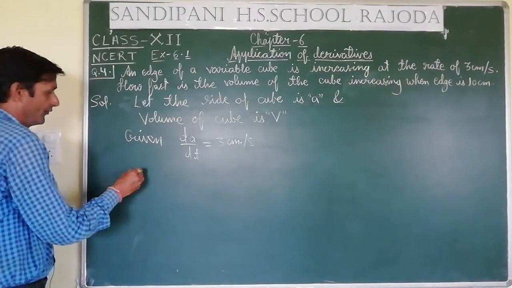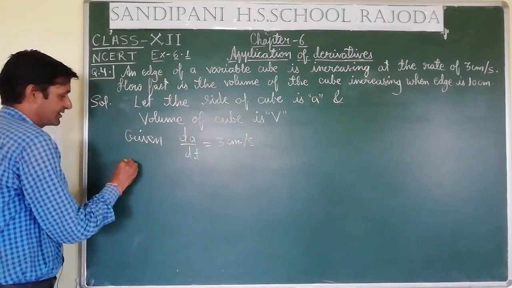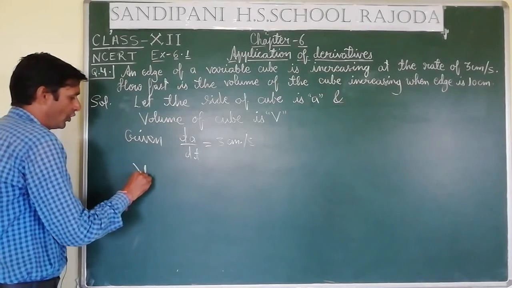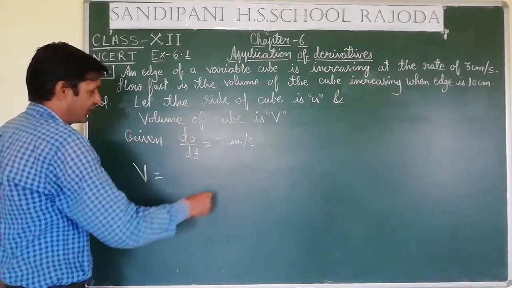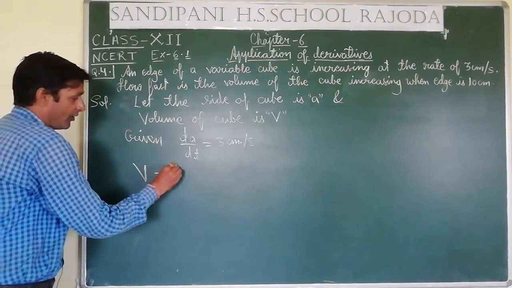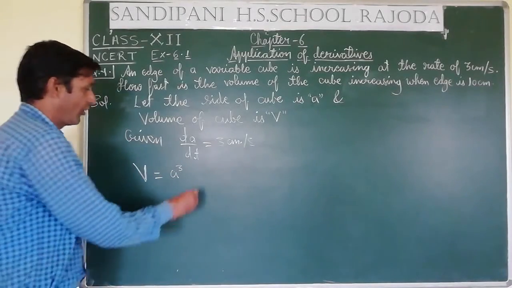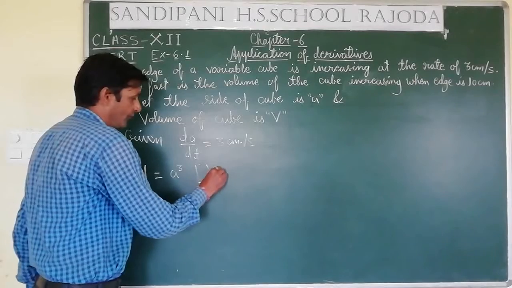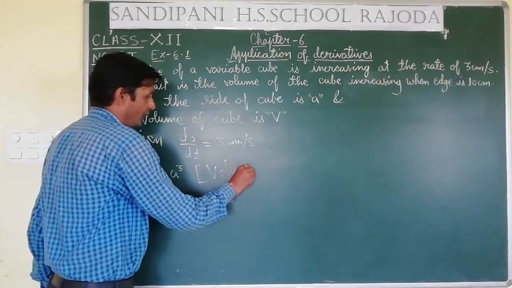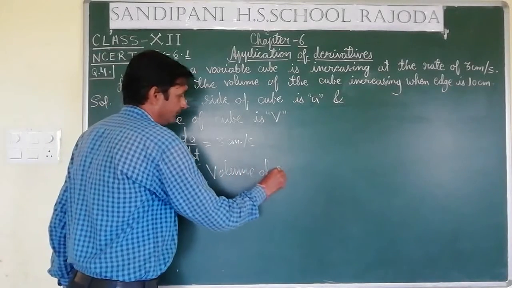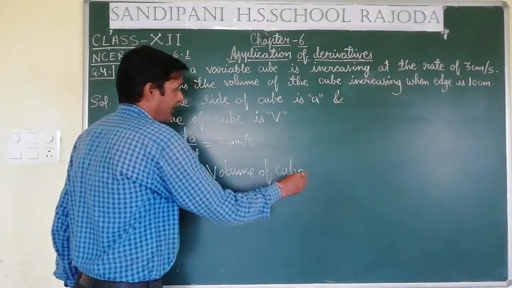So now first of all, let us consider the volume. We have considered it V. Volume of cube is A cube. It is the formula for volume of cube. You know it very well.